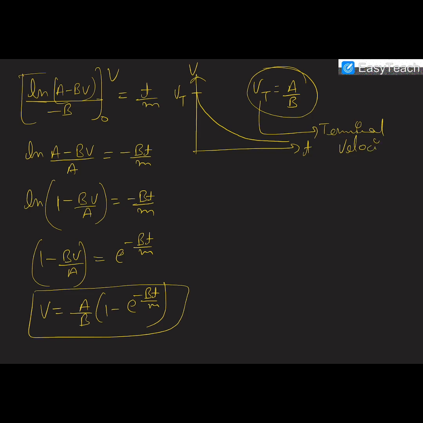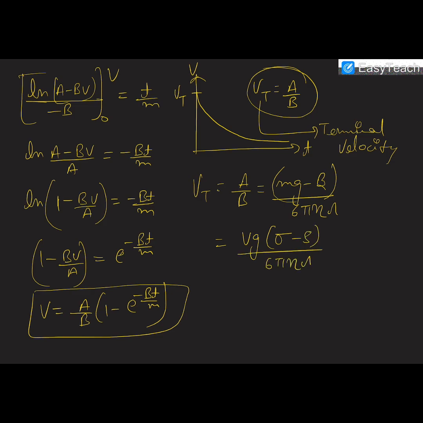So the value of this terminal velocity is A by B. Let us now substitute the value of A. A was mg minus buoyancy and B was 6 pi eta r. So mg can be written as V rho g, V sigma g, and this is 6 pi eta r, and the volume of the ball is 4 by 3 pi r cube, g into sigma minus rho upon 6 pi eta r.